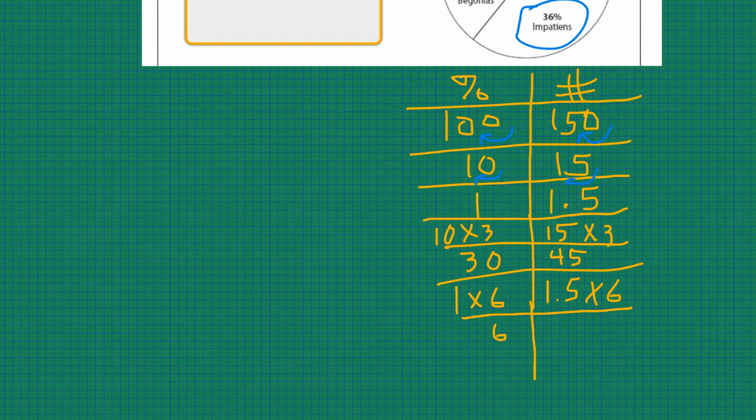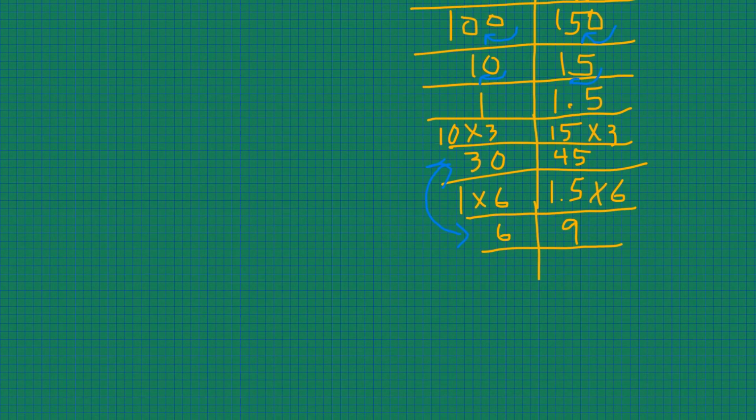That gets me 9. 1.5 times 6 gets me 9 flowers. 6% equals 9 flowers. All right, so now if I put together the 30% and the 6%, I get my 36%. And that's what I've wanted.